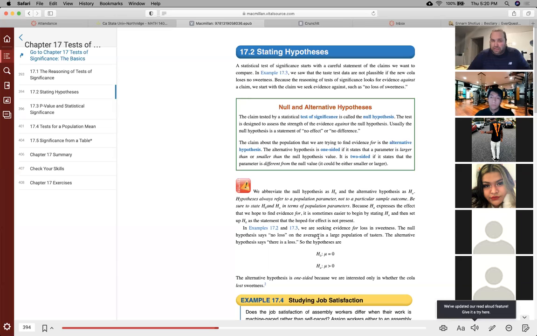They probably want some quality control to make sure that it's not less than 2 liters on average, and it's not greater than 2 liters on average. Because remember, it's never going to be exactly 2 liters in any bottle. It might be within 0.00001, whatever their precision is, but it's never going to be exactly 2 liters. Some are going to be more, some are going to be less.